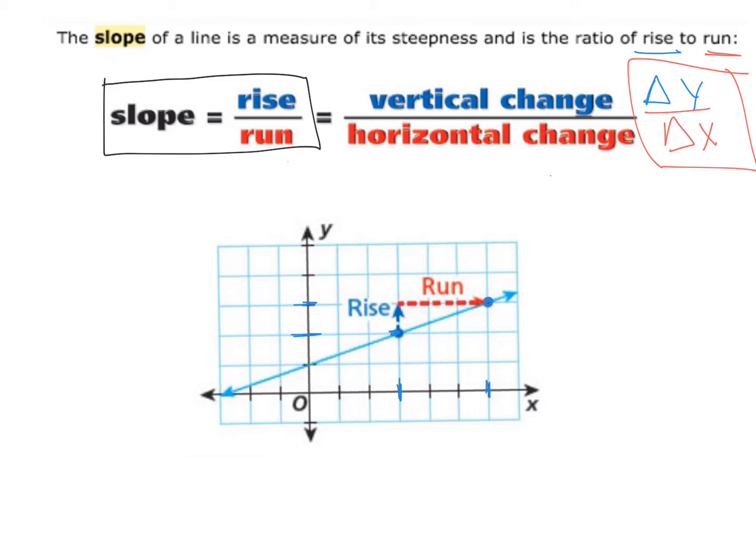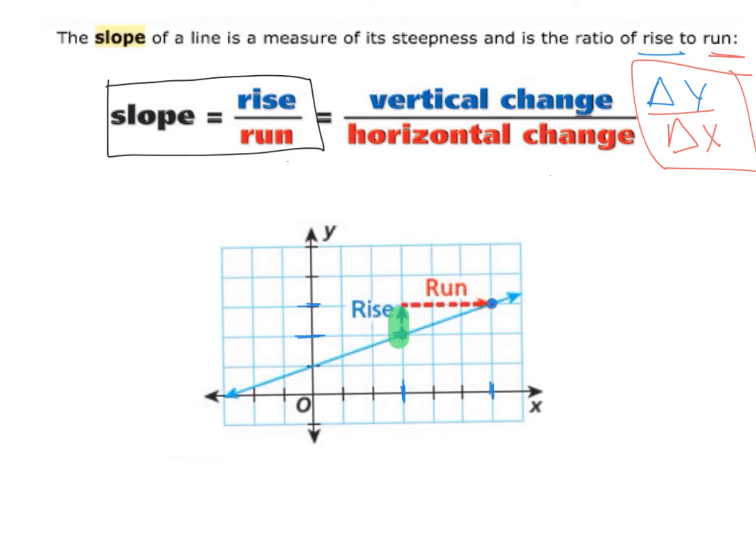From my original point, I want to figure out how much I rise. In this case, if each one of these lines represents 1, we start at this one, and we go up 1. Okay, so our rise was 1.